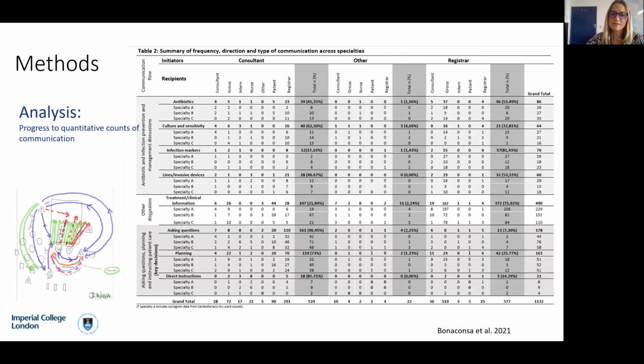I think some amazing progress that we made with this is that we were then able to actually count communication. So we ended up with a product which helps to measure communication quantitatively.